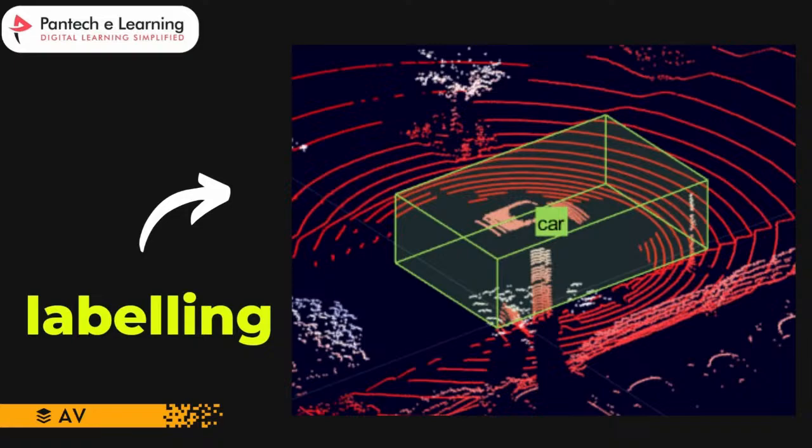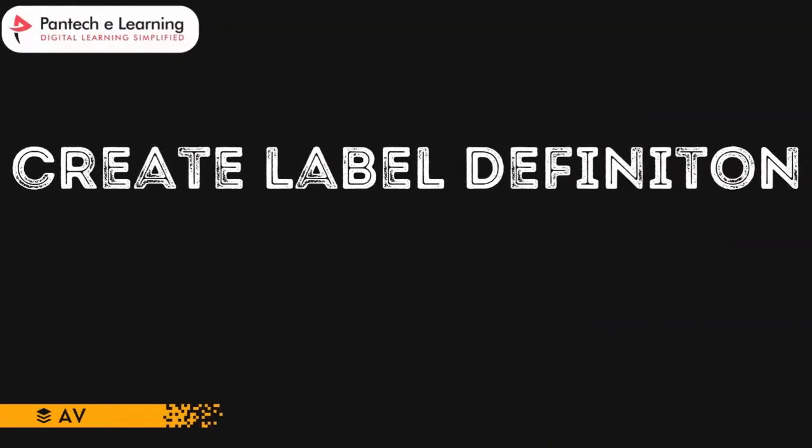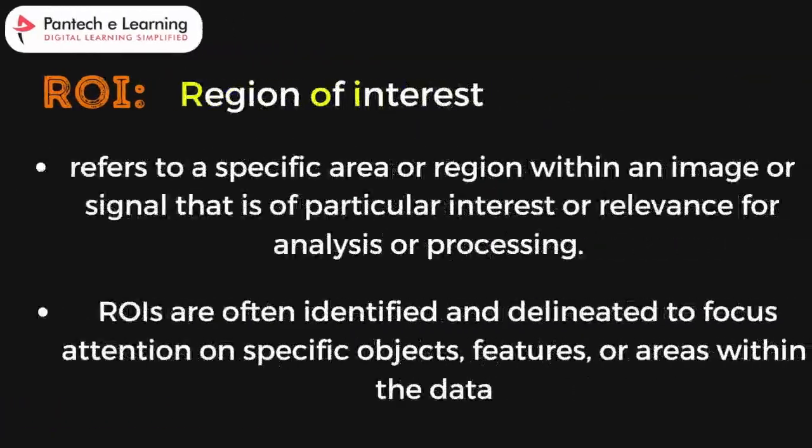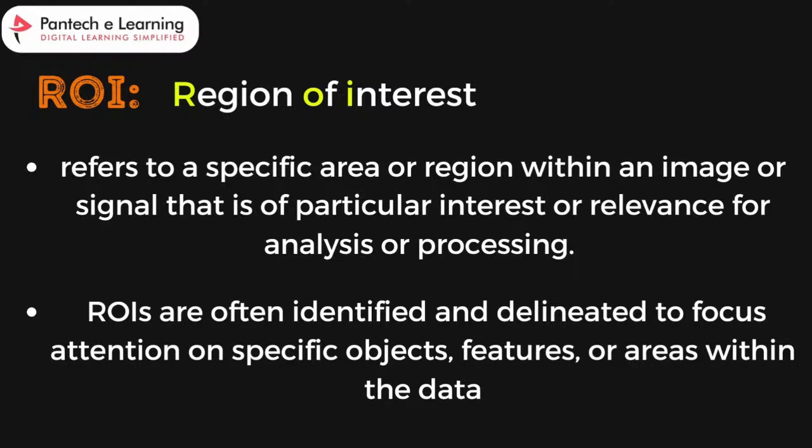So we create label definitions, which contain information about the labels marked on the signals. Before we get into how to create a label definition, we should first know what ROI is, region of interest. ROI stands for region of interest.